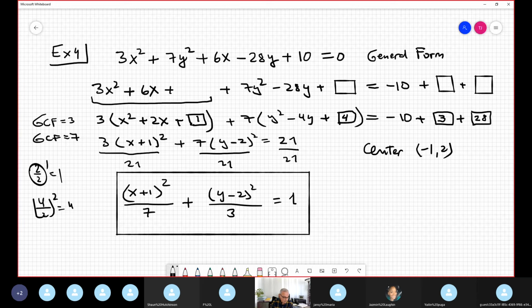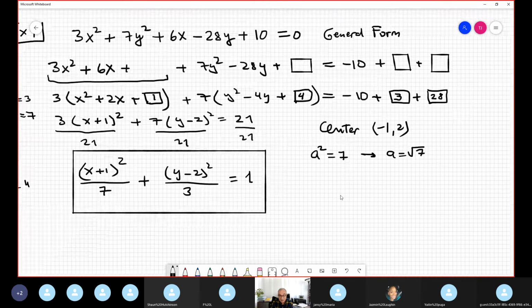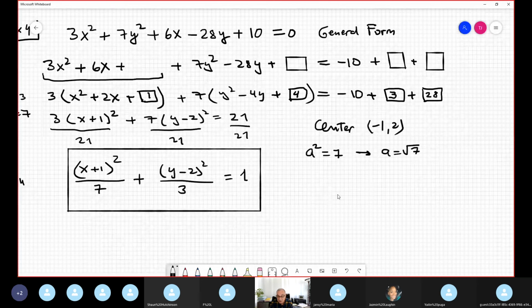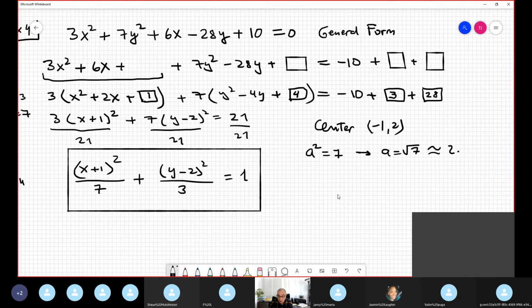And this ellipse is obviously horizontal, because a squared is 7, a is radical 7, and radical 7 is approximately... so when this is an irrational number, I propose that you always try to express it in decimal to have some geometric idea of how long.